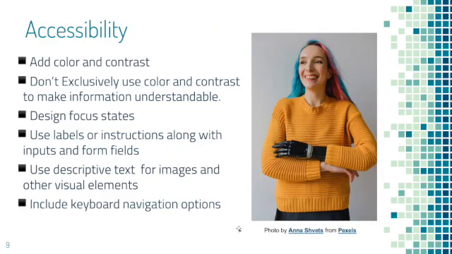And lastly, I looked into some accessibility options for those with disabilities, and they're here. I won't read through all of them because I've gone over my time already, but they include use of color and contrast, design focus states, which are special borders around form fields and buttons that help patrons focus in on something if they're having a visual disability and unable to focus.